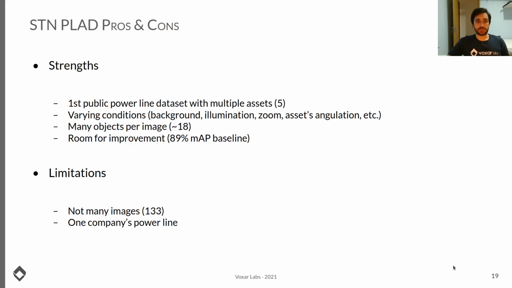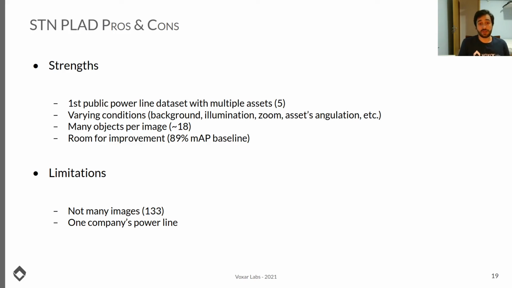For the strengths and limitations of the developed data set, the main strengths are that this is the first public power line data set with more than one asset. We have five different types of power line assets. This was also retrieved from a real power line context, a functional power line, and in varying conditions such as varying background, illumination, zoom, asset angulation, and others.